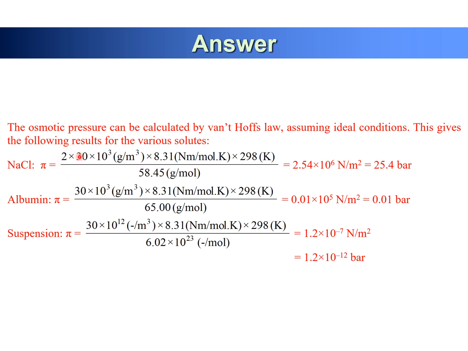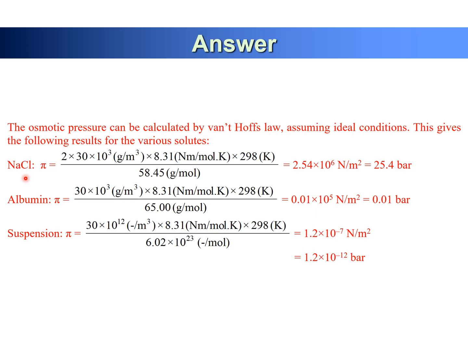So we just put 2, and this will give this value, and then the unit change from Newton per square meter will give your answer: 25.4 bar osmotic pressure.